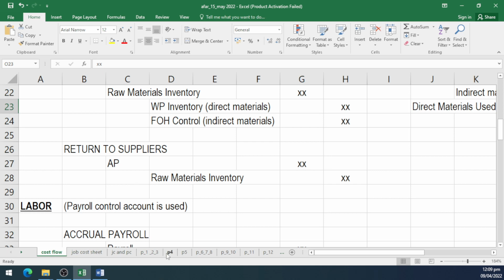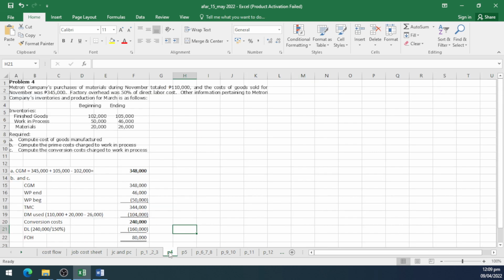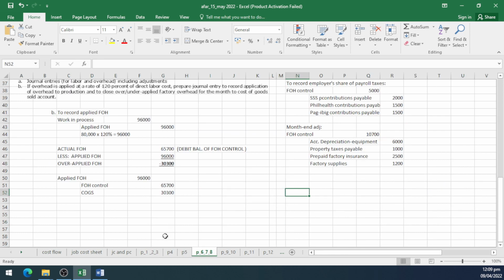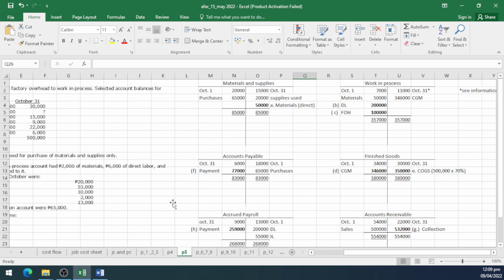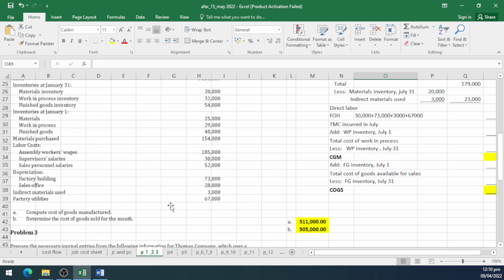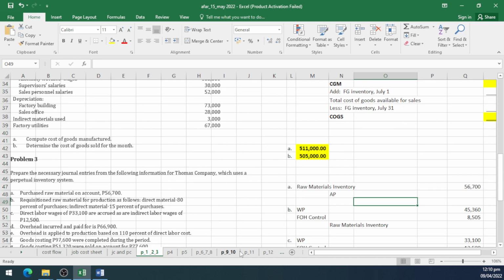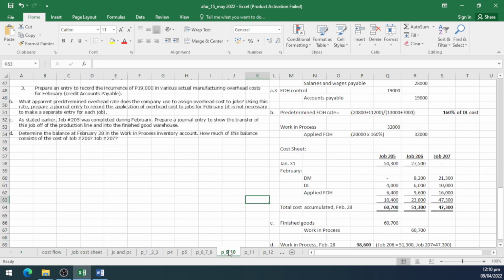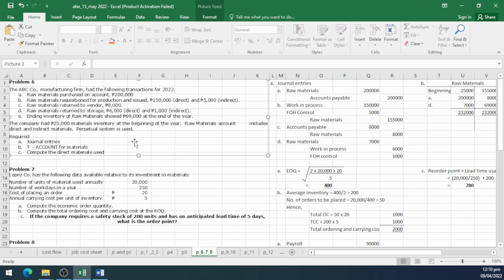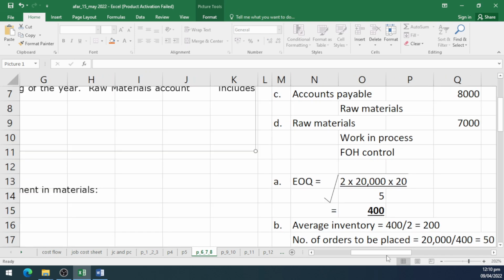Okay, so let us illustrate that accounting for materials using this problem, ladies and gentlemen. Problem 6. This one. Problem 6 of your Afar 15 material.